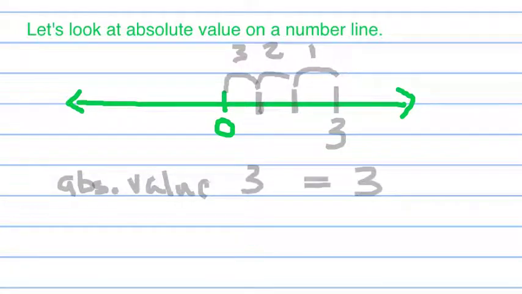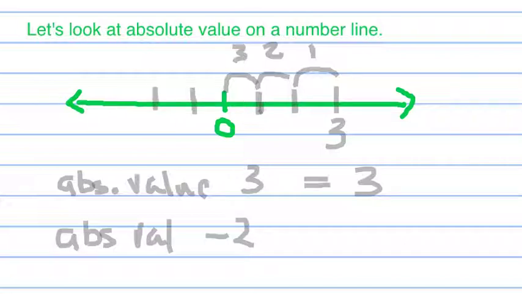Now I want to find the absolute value of negative 2. I'm going to draw on my number line. Here's negative 2. This time I'm going to go to the right, 1 space, 2 spaces. Okay, so what's the absolute value of negative 2? Well, it's 2 spaces from 0.